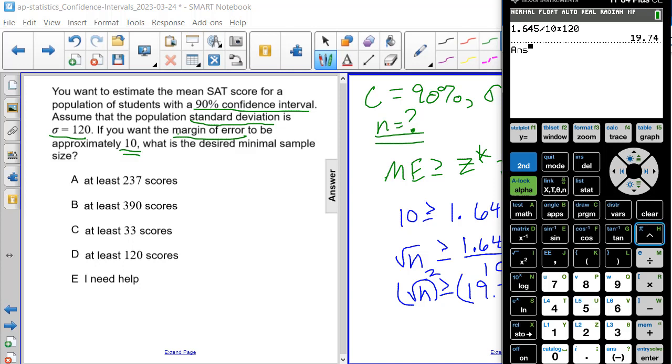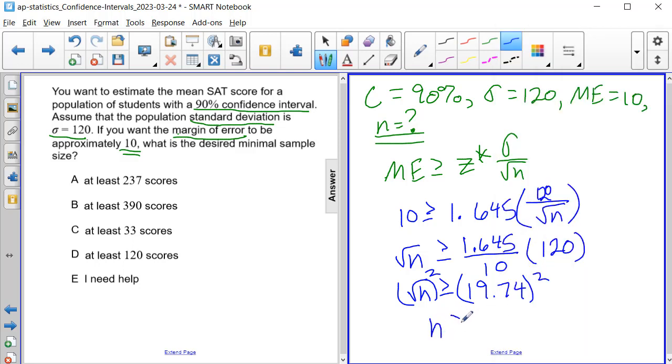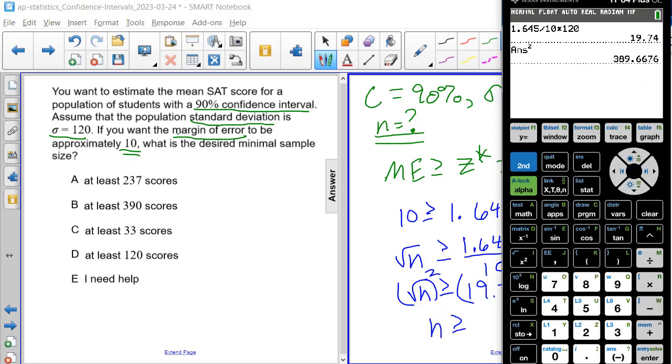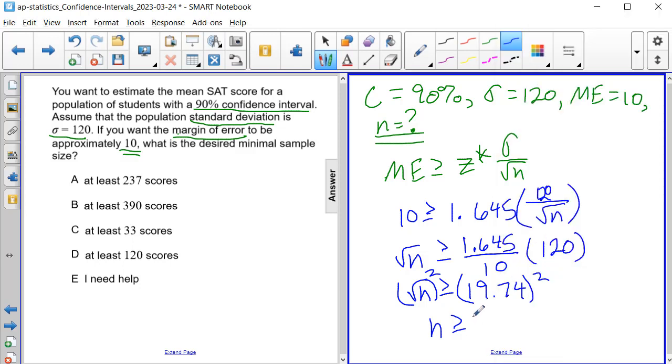So if we take our answer and we square it and evaluate, we will get that our n value must be greater than or equal to 389 and about 67 hundredths.